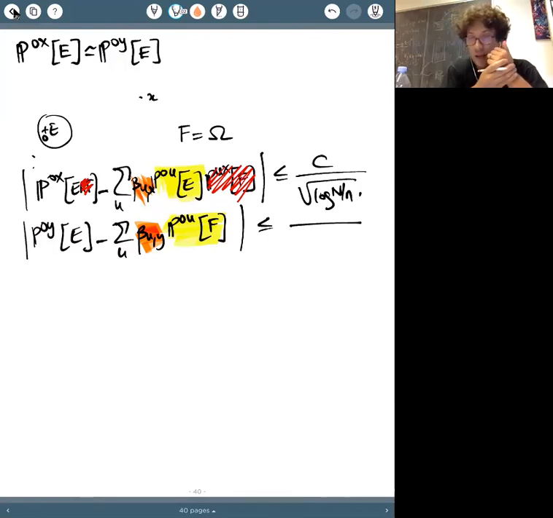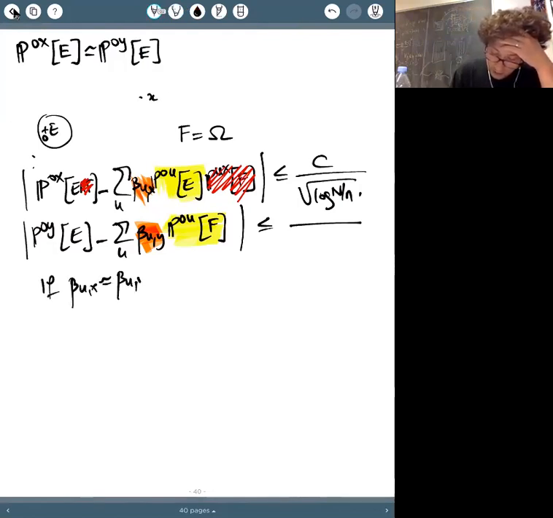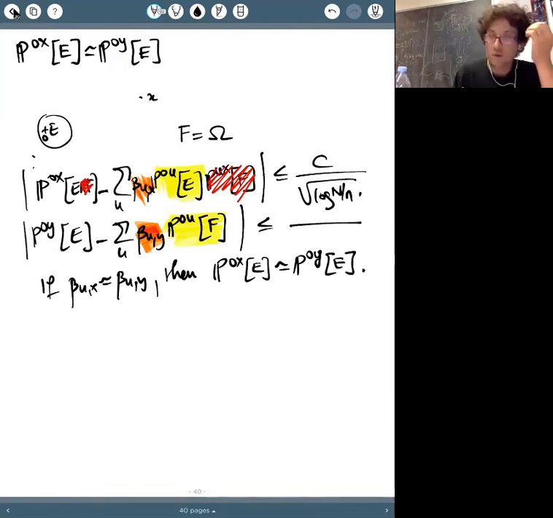And this implies, so if beta ux is indeed very close to beta uy, then it implies that P0x of E is almost P0y of E. Okay?